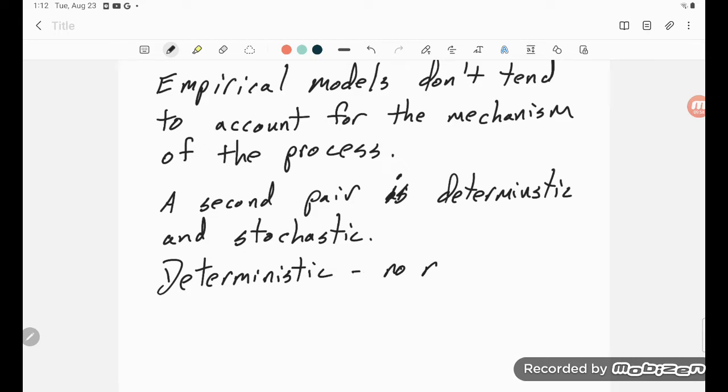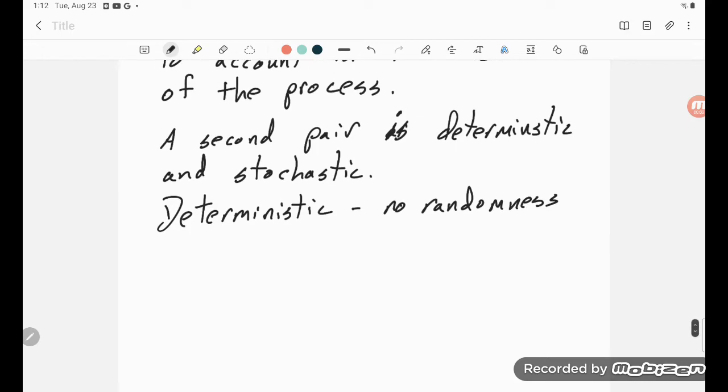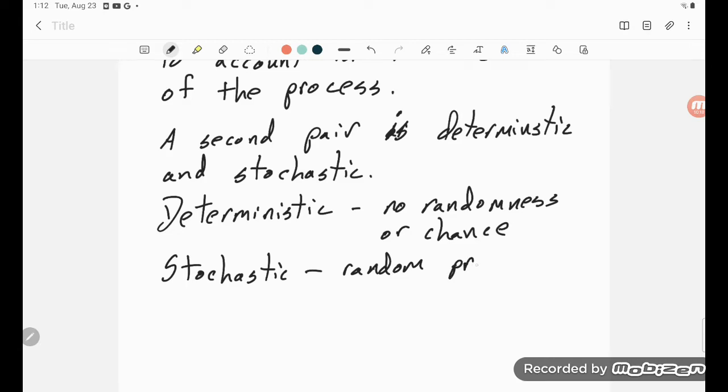No randomness or chance. And stochastic simply means there are random processes at work.